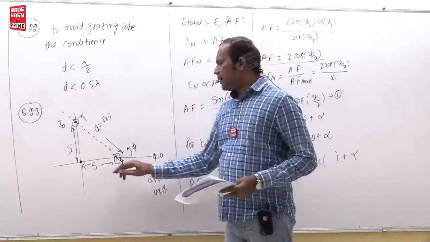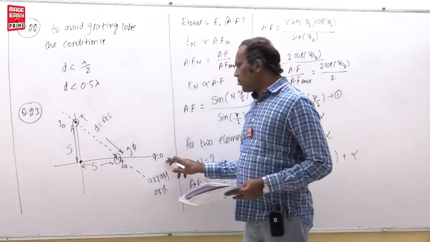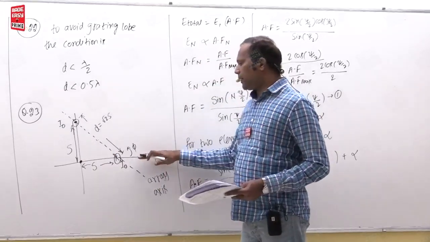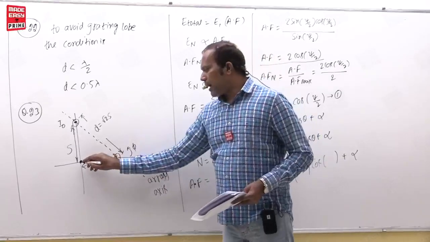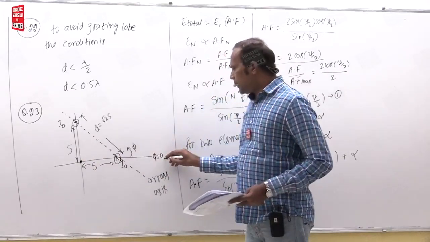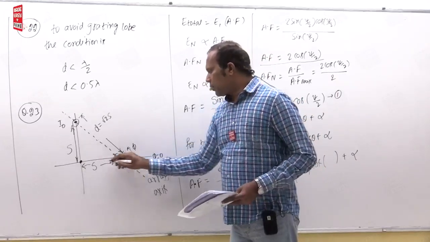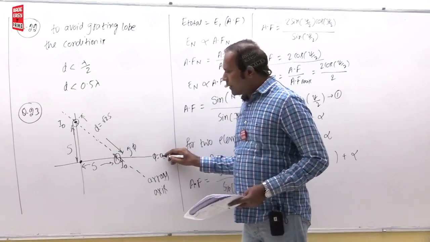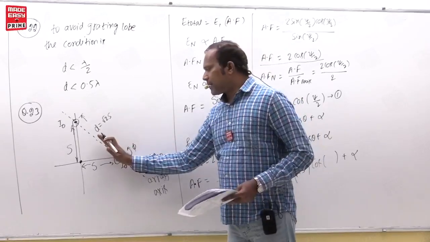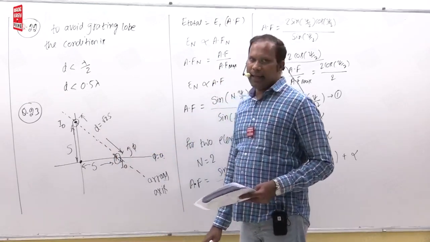Actually, he is saying the field is measured at phi is equal to 0. This is the field point. So this is the line drawn from origin to the field point, and this is the array axis, student. That is the angle actually.